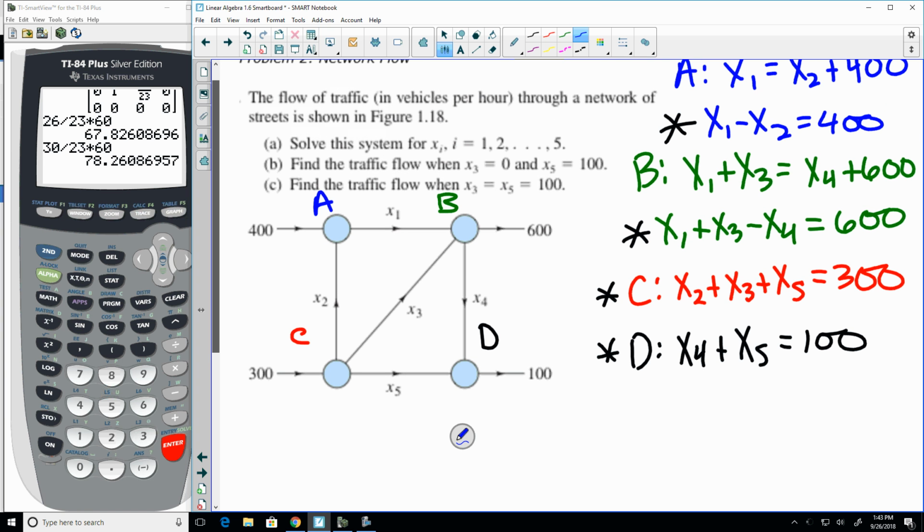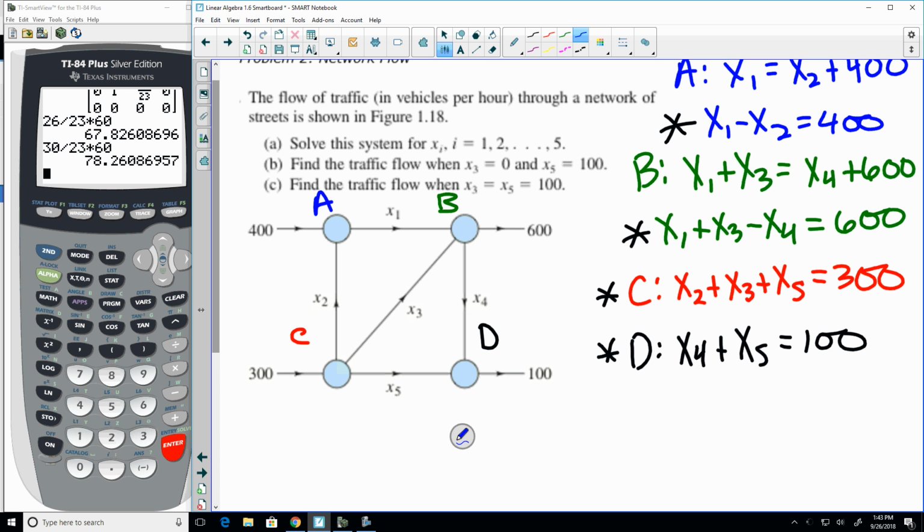I know for A, B, and D, the x variables are going inward and the number is coming out, and C is the other way around. Wouldn't x1, x3, and x5 be negative, or does that not really matter? We don't care. If we switched on C, if we switched all these to the other side and made those negative and switched that to the other side, yeah.